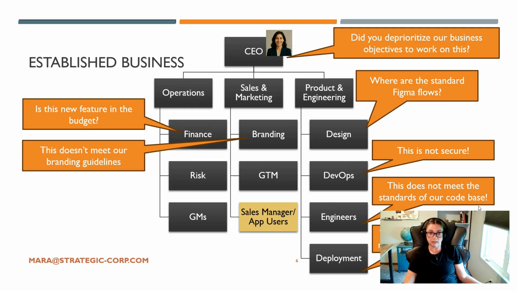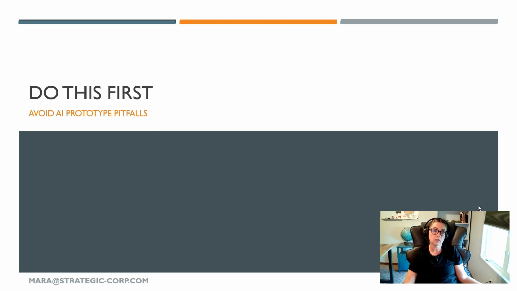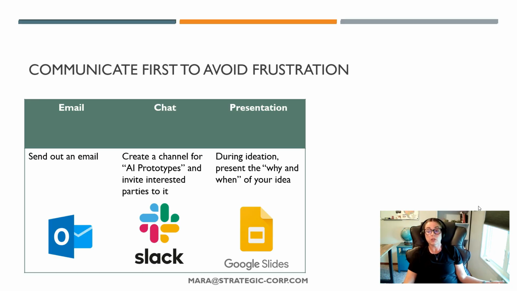And that is why I am giving you this warning and helping you here to understand why we need to make sure that we have effectively communicated and done at least a minimal amount of planning for our AI-enabled applications. So what should we do? We should do this first to avoid these AI prototype pitfalls. Communicate to avoid frustration.